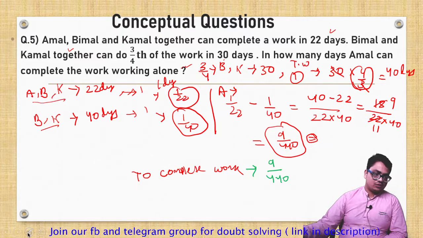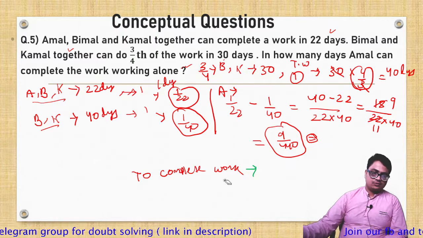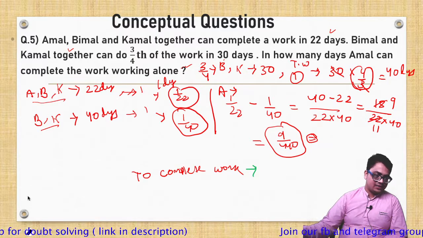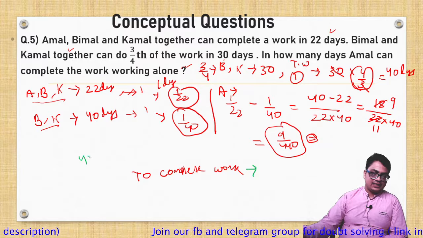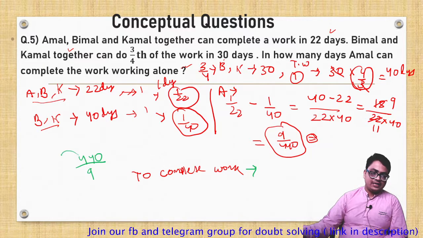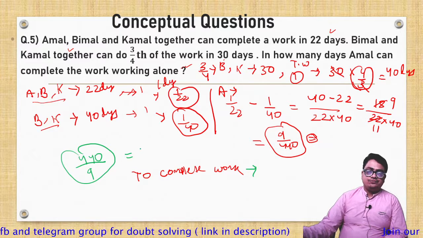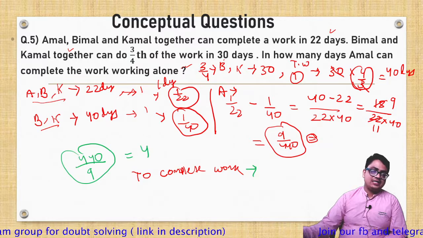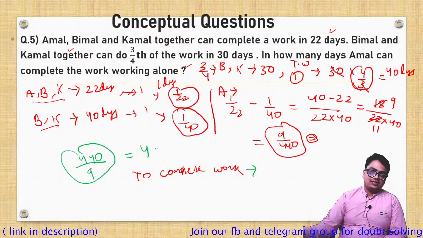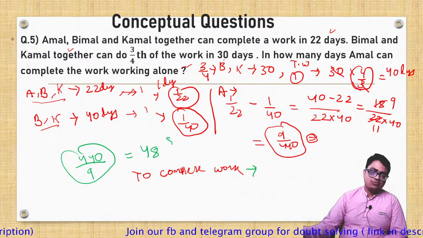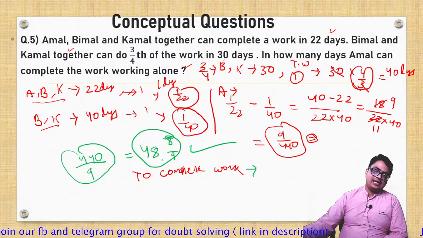You have to take the reciprocal of 9 by 440, so this will be 440 by 9. 440 by 9: 9 4s are 36, 36, 8, 80. 9 8s are 72. So it is 48 8 by 9 days. This will give us the answer.